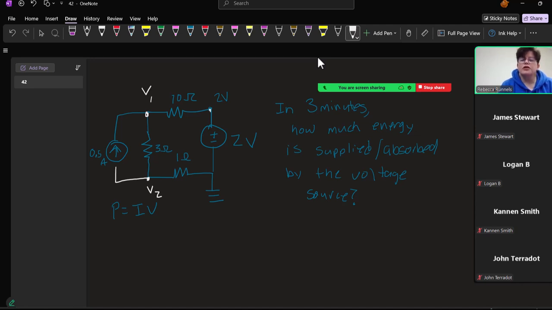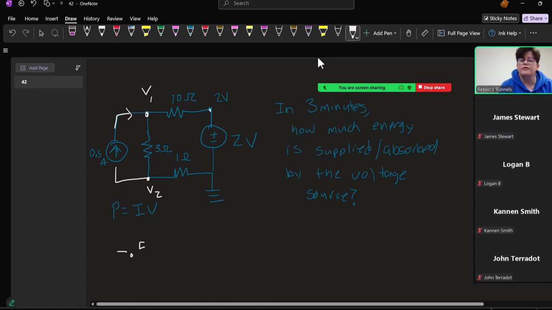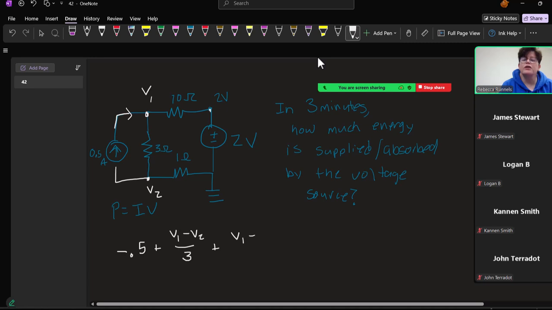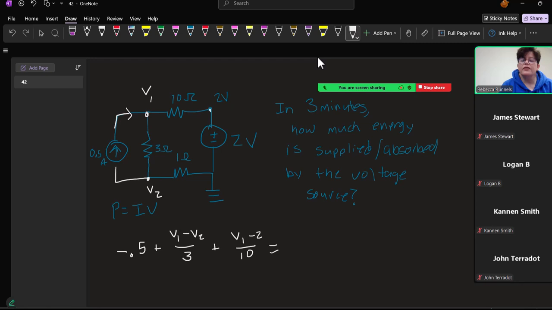So starting with V1, on this direction, I have a current coming in, so that makes it negative, so negative 0.5. Going down, I have plus V1 minus V2 over 3. Going to the right, I have V1 minus 2 over 10, and that has to equal 0.